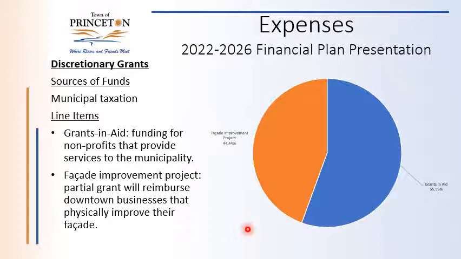Any nonprofit that benefits the municipality as a whole is eligible for grant and aids for a couple of years to get them started until they can proceed as a self-funded entity. Facade improvement is a grant provided for downtown businesses to improve their frontage onto either Bridge Street or Vermilion Avenue, and we provide up to $5,000 of funding to support that project.